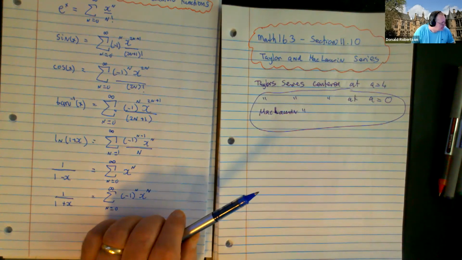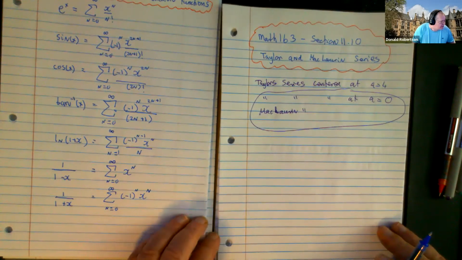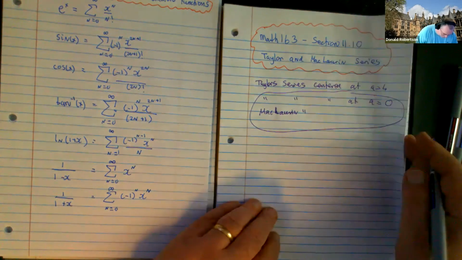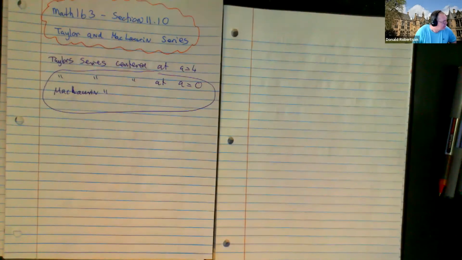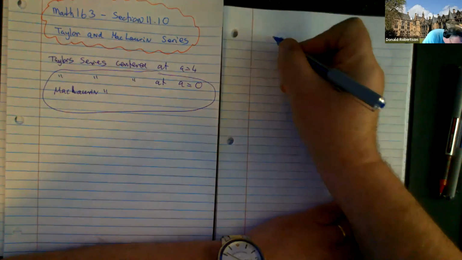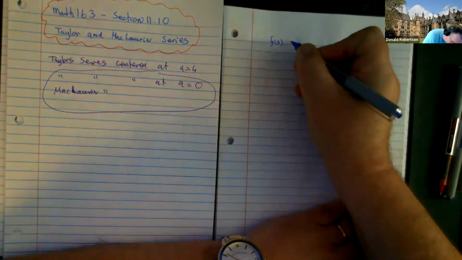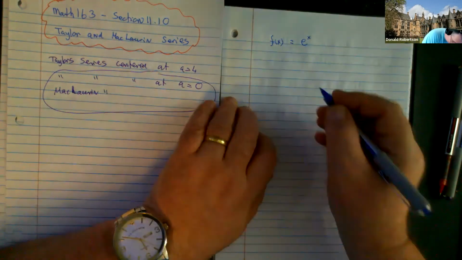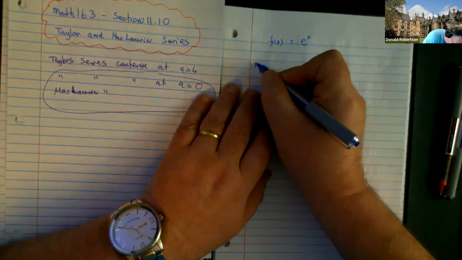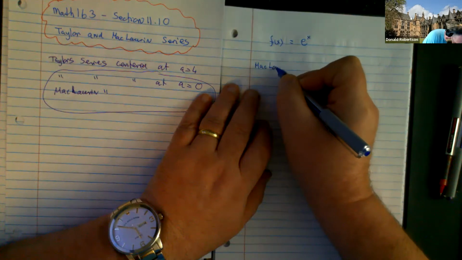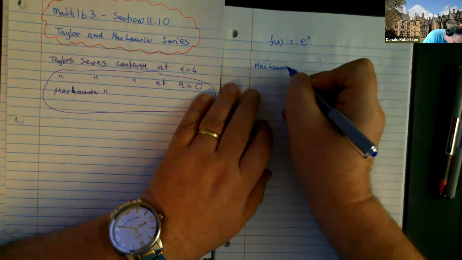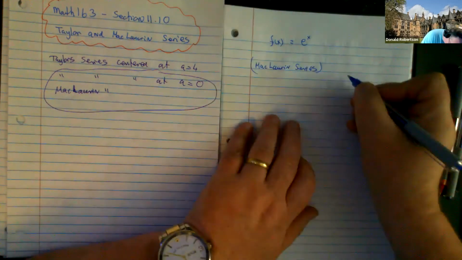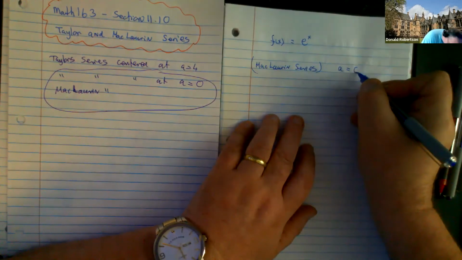So, the first one I'm going to do is going to be for e to the x. And we're going to do a Maclaurin series, which are actually the most common one. So Maclaurin series are Taylor series centered at 0.